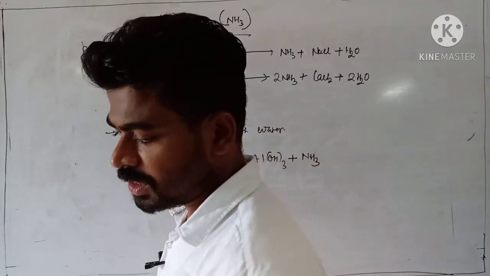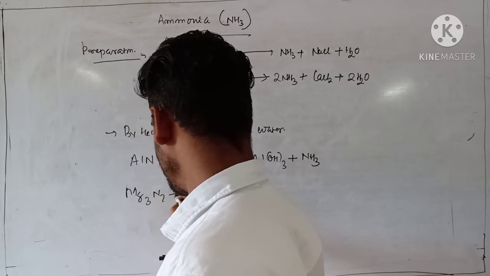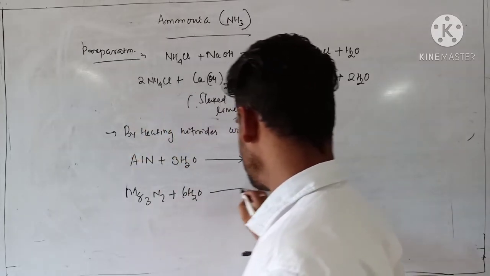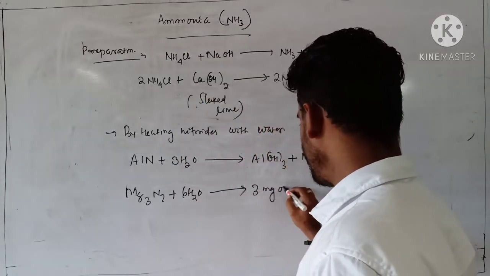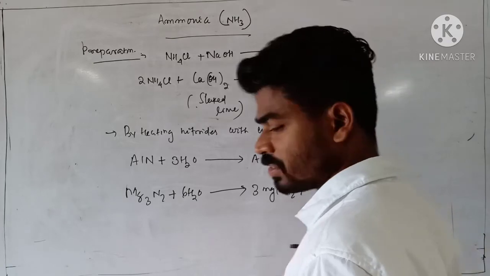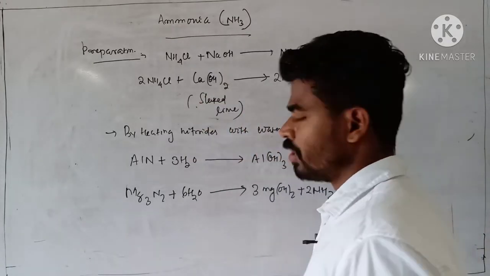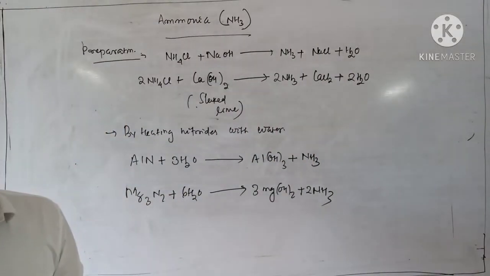Again, if I consider magnesium nitride, Mg3N2 plus 6H2O gives you Mg(OH)2 plus 2NH3. So this is also another method of preparation of ammonia.